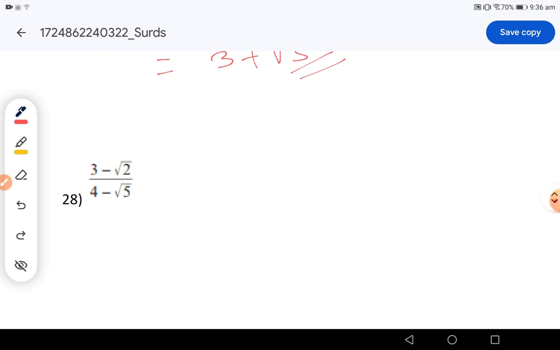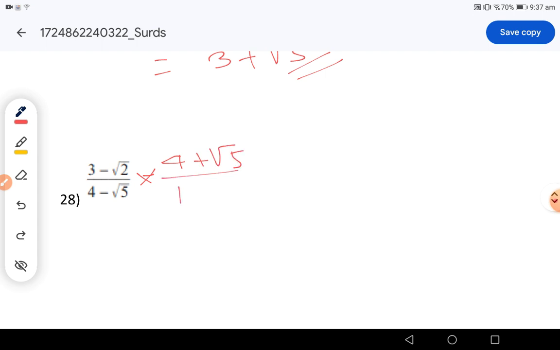Question 28. 3 minus root 2 by 4 minus root 2. So multiply by 4 plus root 2, 4 plus root 2. So multiply 4 times 3, 12, 12 plus 3 root 5 and minus 4 root 2, and 5 times 2, 10.